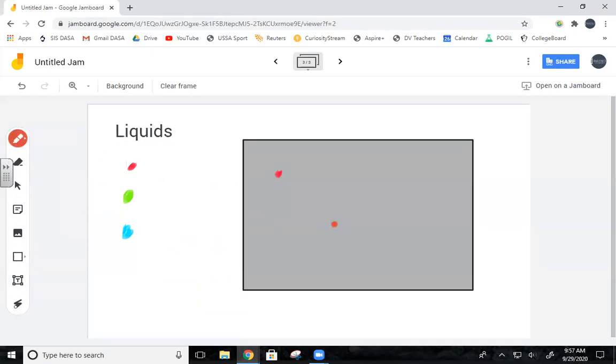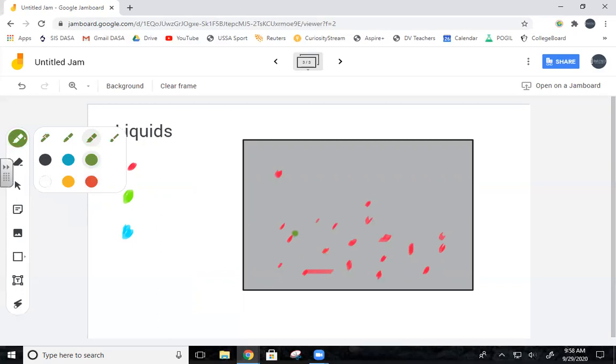Let's try that again. We have these particles, and in a liquid, they're a little bit more random, but they're pretty close together. And their bonds are kind of haphazard.